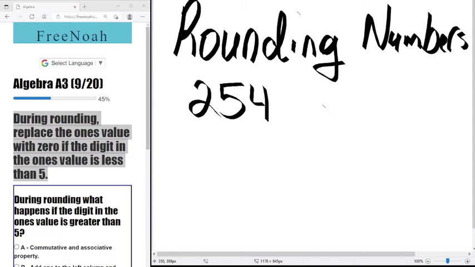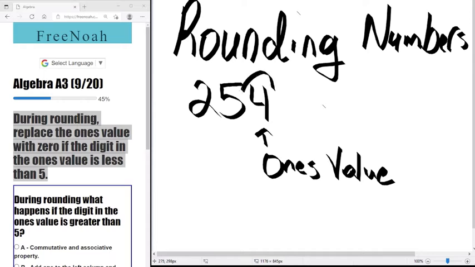So we have 254. In the ones place value, we have the digit 4. Now let's evaluate the 4. Is 4 5 or greater, or less than 5? Well, 4 is less. 4 is less than 5, so this means that we're going to round down.